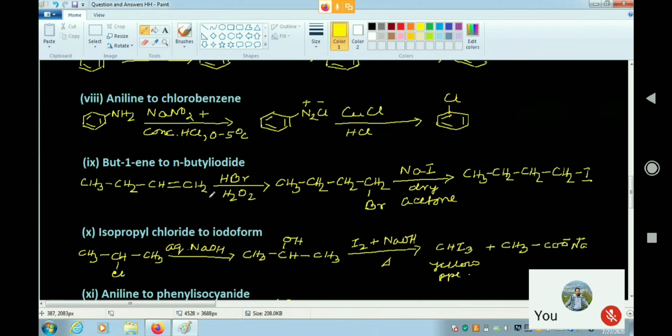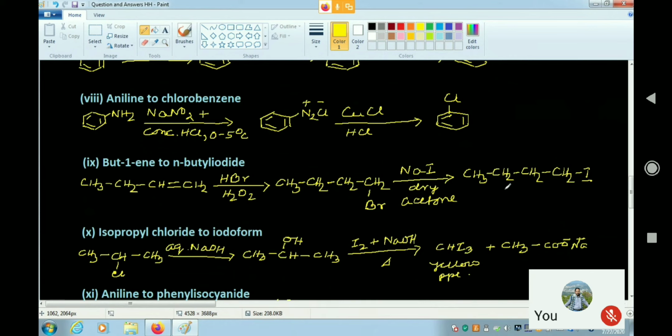So addition of HBr in presence of peroxide gives 1-bromobutane, and when this 1-bromobutane is treated with sodium iodide in presence of dry acetone, that means the Finkelstein reaction is carried out, then the bromine is substituted with iodide. So our desired product can be obtained.